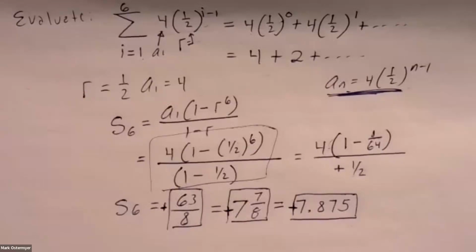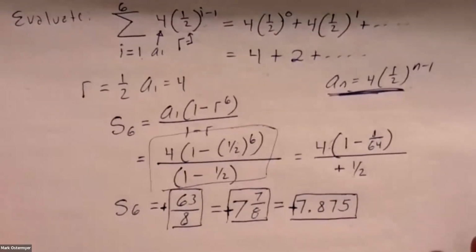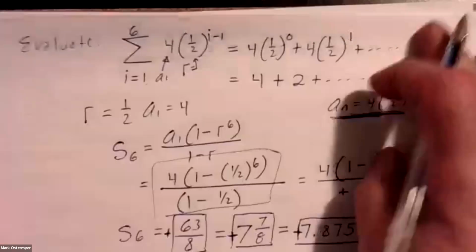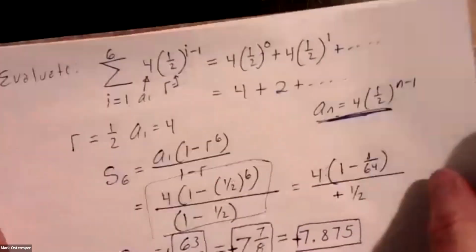I would probably leave this just as a fraction, 63/8. That's how I would leave it. So we've seen how we were able to use our finite sum formula for adding together the first n terms of a geometric sequence.